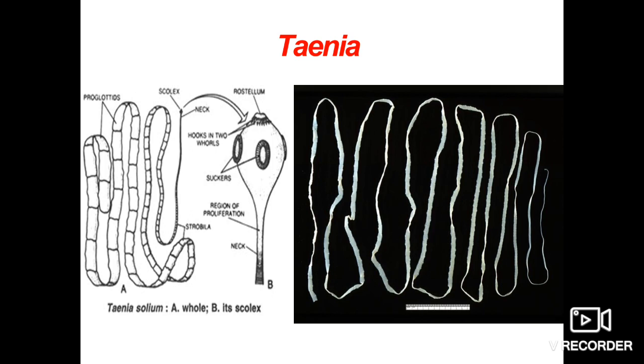The oldest gravid proglottids are full of fertilized eggs. Each fertilized egg is spherical and measures 35 to 42 micrometers in diameter. These are carried by these proglottids.